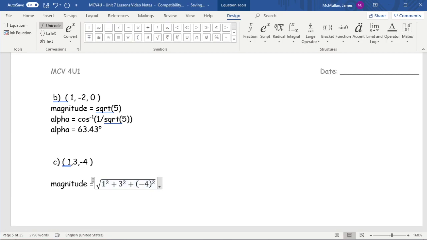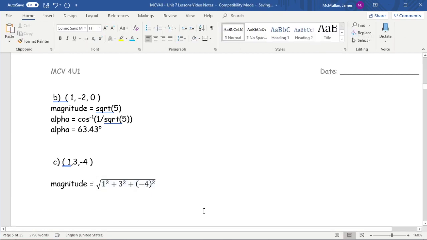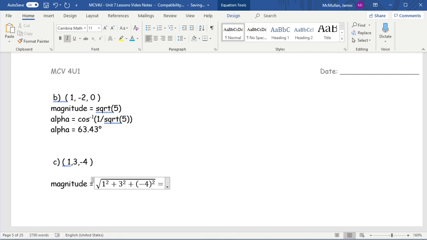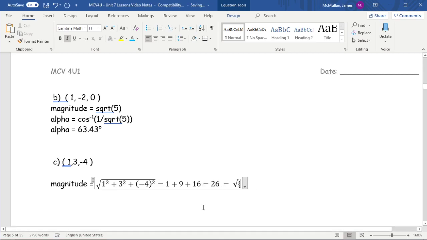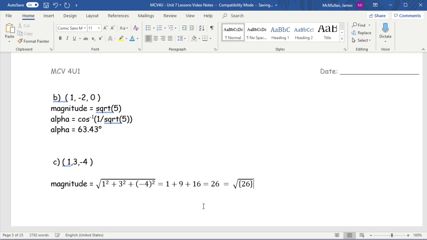So again, what happens when you actually do this? You get 1 plus 9 plus 16 equals 26, so the magnitude is square root 26, since we need to root it, right? Oh yeah, it does work. There you go. Not sure why it didn't get rid of my brackets though.